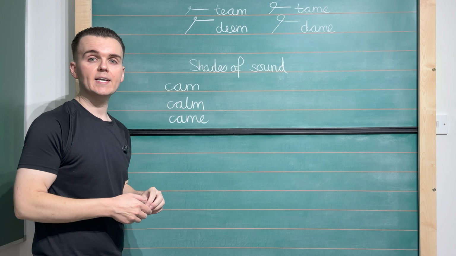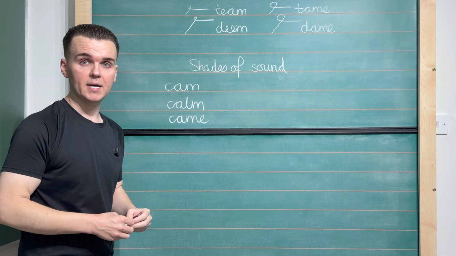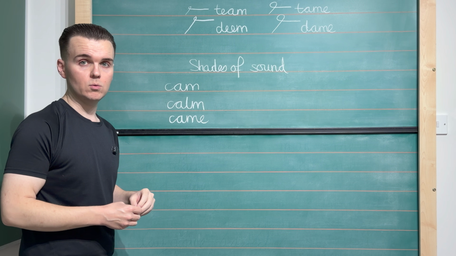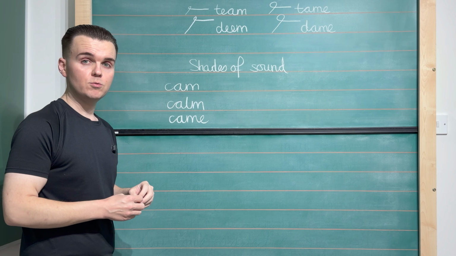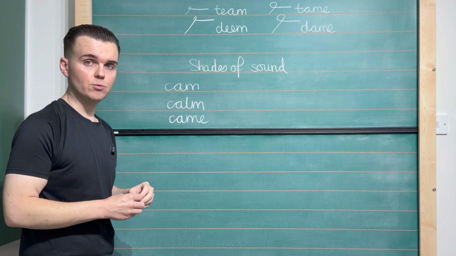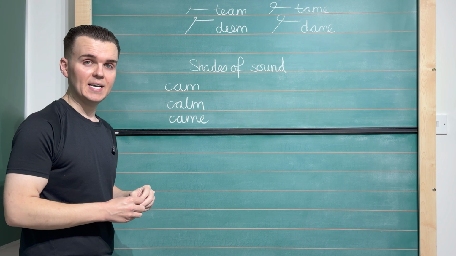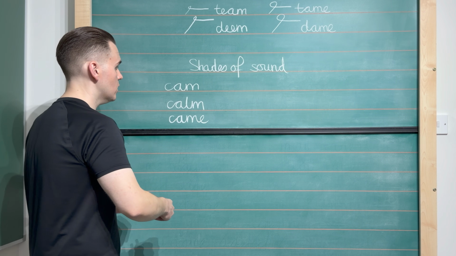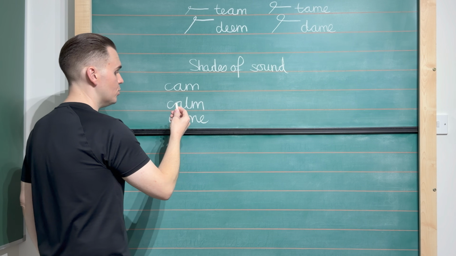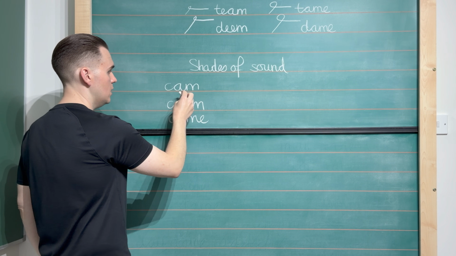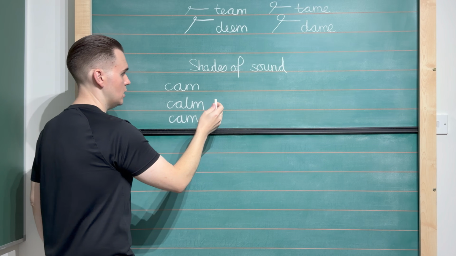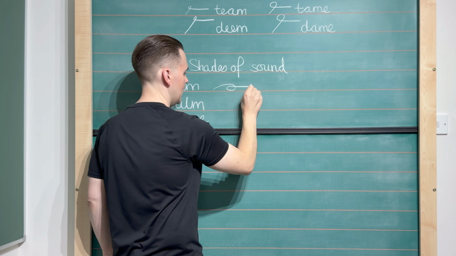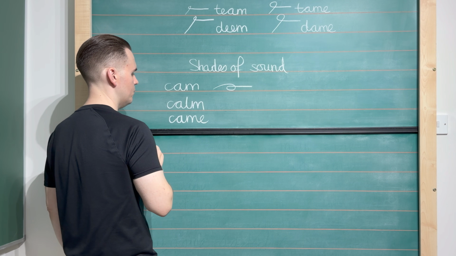So remembering that Gregg is a phonetic system where we write by sound, I'm going to put the outlines for these 3 words on the board. And in doing so, I will be using the sign for K in Gregg Shorthand, but don't worry about this now. This will be covered in a later lesson. So let's work through. Cam, we pronounce K, A, M. So let's write K, A-M for cam.